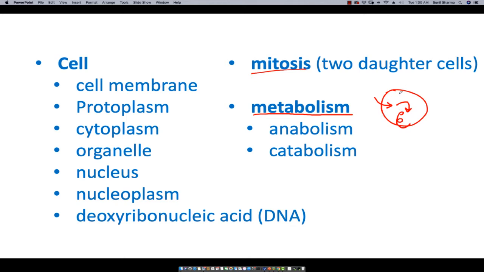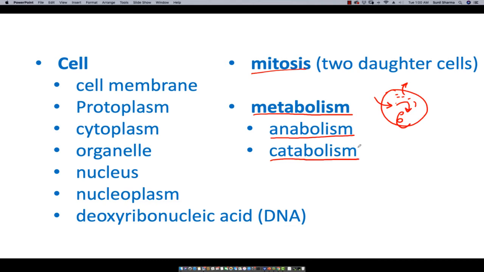And then also it will formulate or structure other components that the body may need, and it will then excrete that out, or it may develop other things that are needed within the cell, so it'll construct that. But it has two processes. One is called anabolism and the other one is called catabolism.